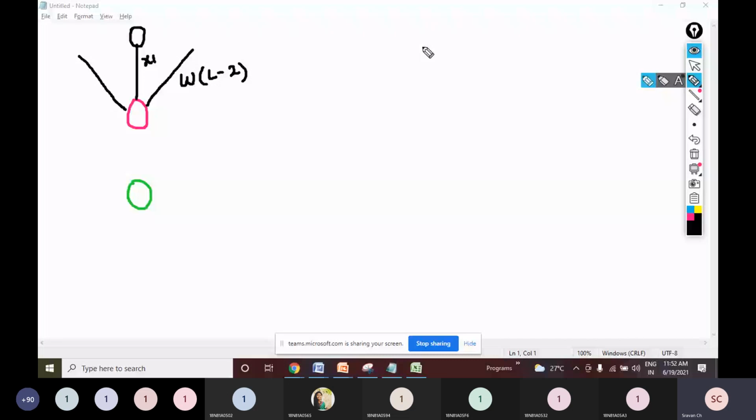Now what do we do in this node? There are two things. Please try to recollect. The pink part represents the normal product and summation, and the blue part represents the sigmoid function which I apply on it.